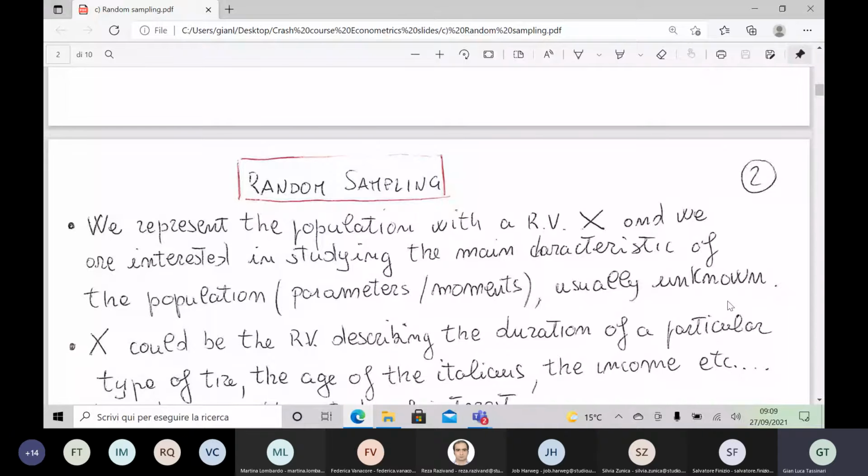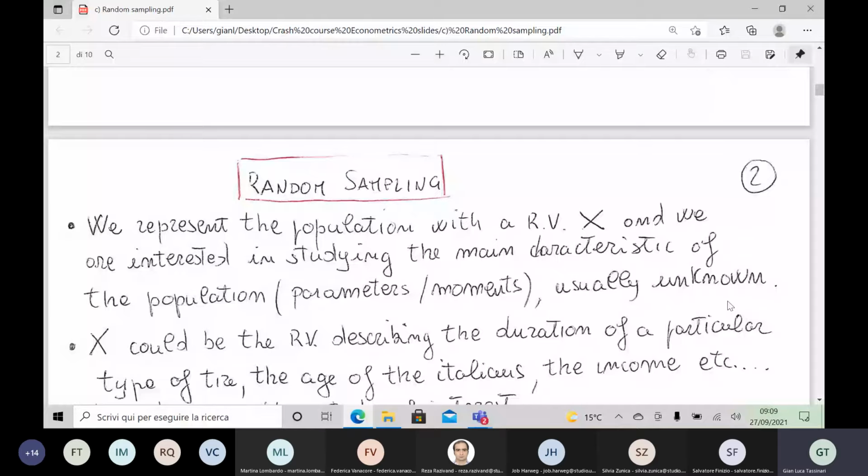We discussed the population, the concept of sample, the concept of variable, the concept of parameter, and the concept of statistic. I told you that the population is the total set of subjects of interest in a given study, and I denoted with X the variable of interest.